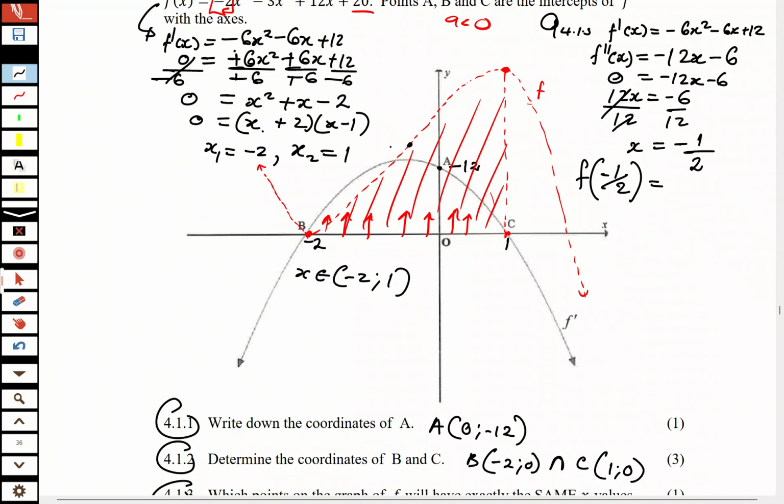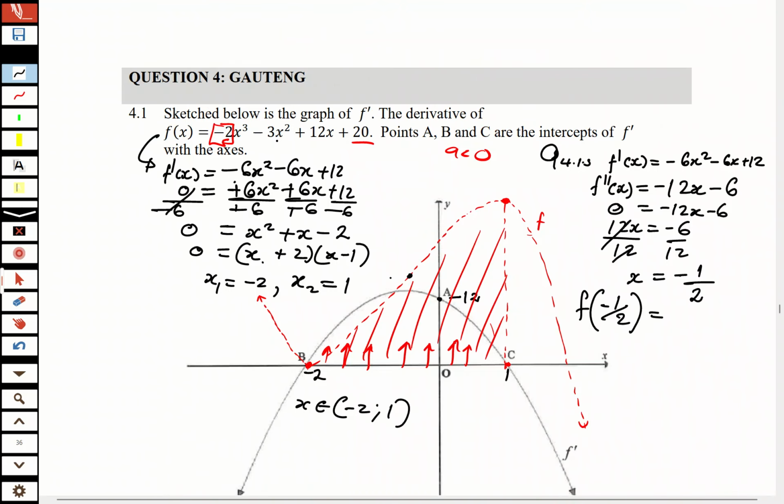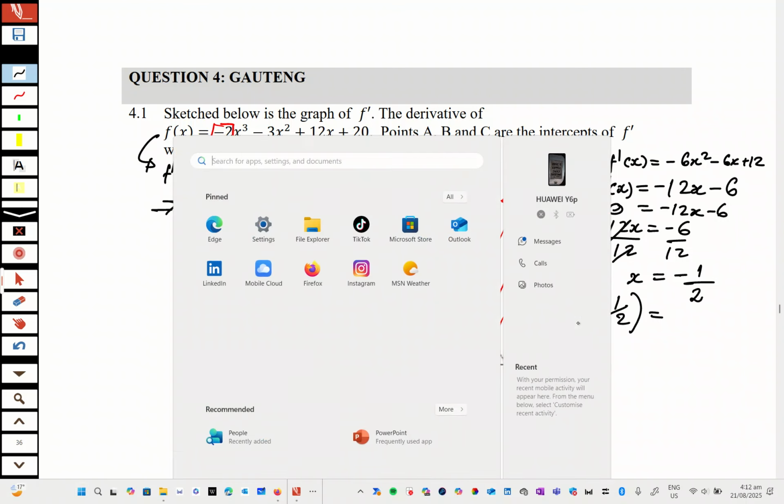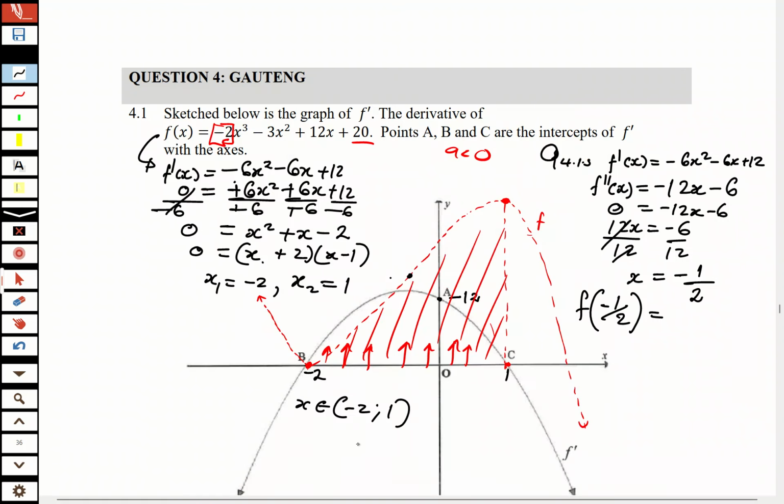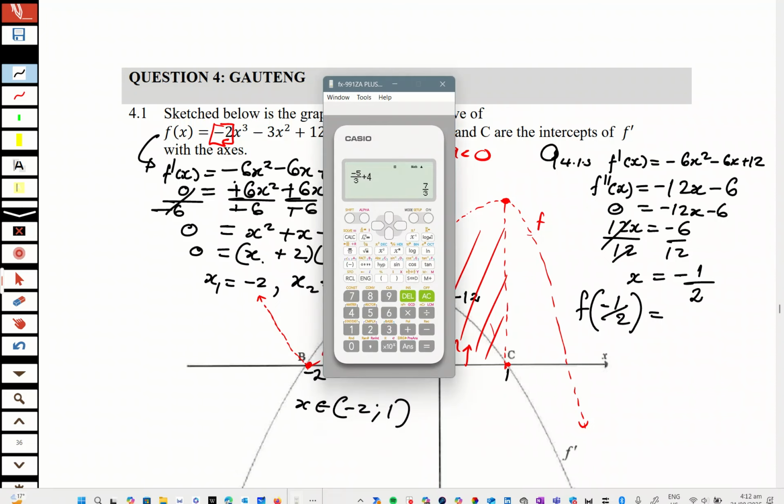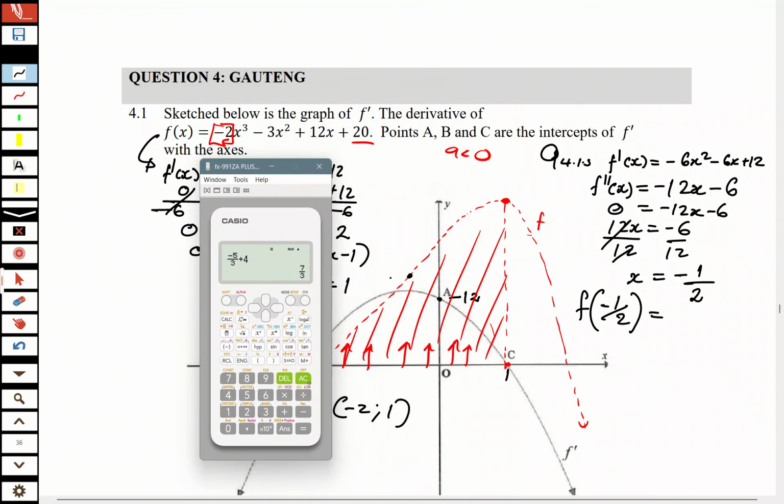We're going to make the substitution here. In the place of x, we are replacing with negative 1 over 2, a half. So we don't like wasting time. You're just simply going to say this is negative 2. Guys, this is what it means in math. You're evaluating your function at negative 1 over 2. That's it.